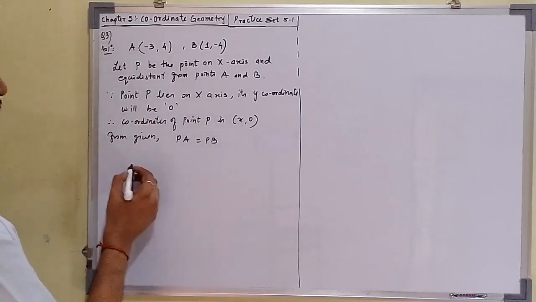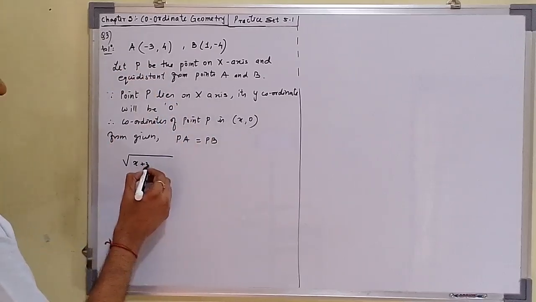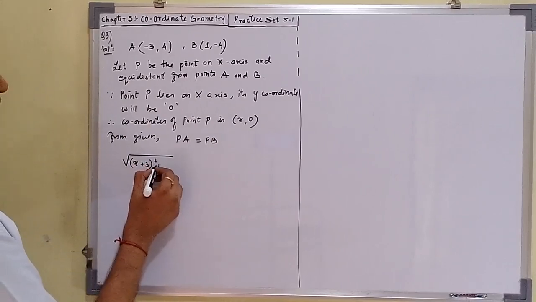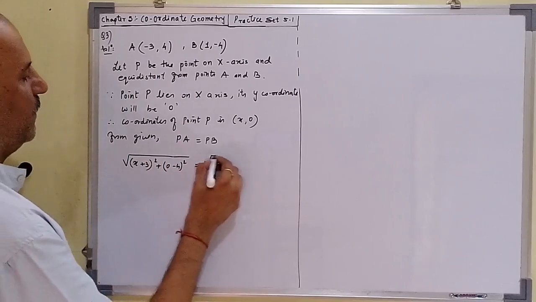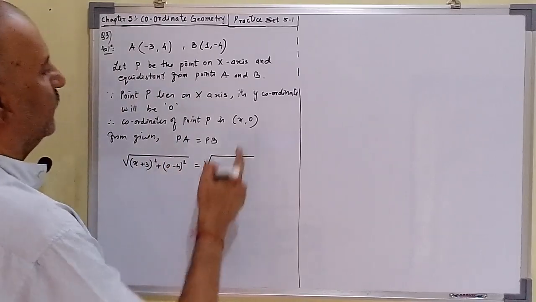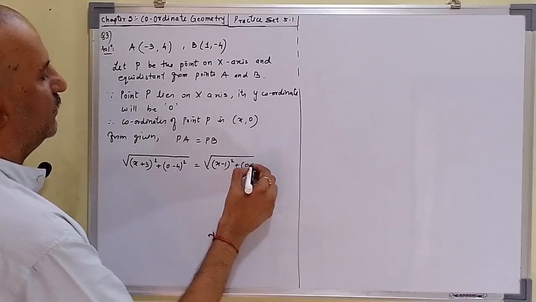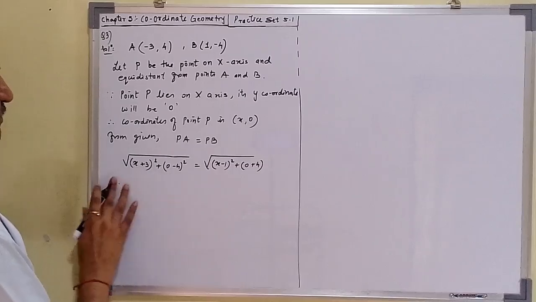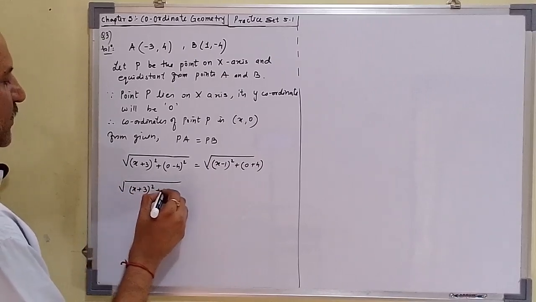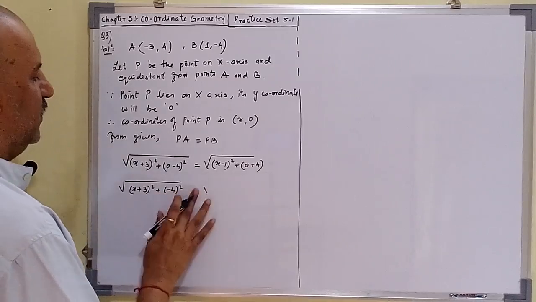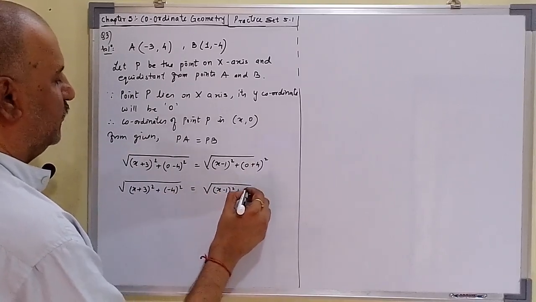P की वैल्यू मालूम है, स्क्वायर रूट ऑफ दिस माइनस दिस, x माइनस माइनस प्लस हो जाएगा, डिस्टेंस फॉर्मूला प्लस y2 minus y1, तो 0 minus 4. x minus 1, 0 plus 4. तो ये क्या होगा आपका, स्क्वायरिंग बाद में करेंगे. (x plus 3) square plus (-4) square equal to (x minus 1) square plus 4 square.